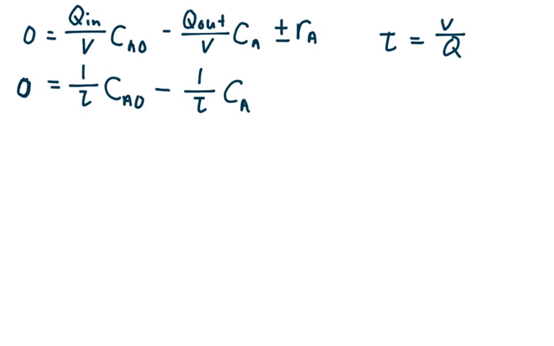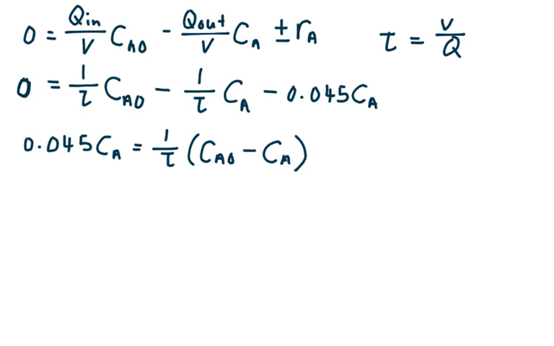And then my reaction term will be negative 0.045 per second multiplied by the concentration of A. With that, I can then rearrange my equation where I will get this equation. And then I try to rearrange it a little bit more.